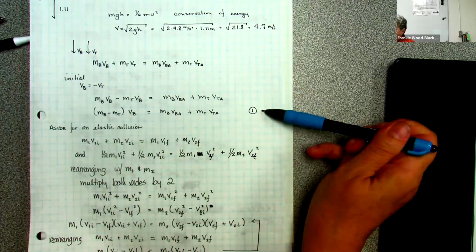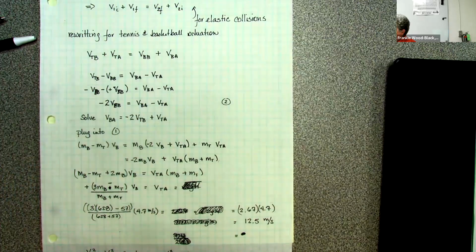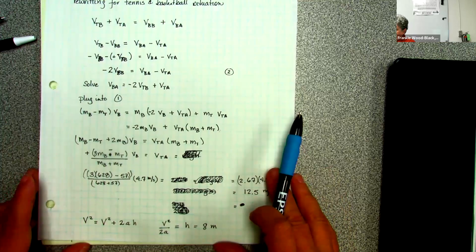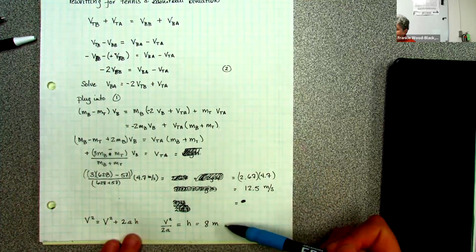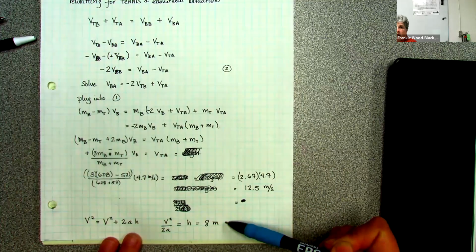I'm going to do some more gory algebra and plug in some numbers. And you're ultimately going to show that the tennis ball is going to jump up by 8 meters for that particular item.